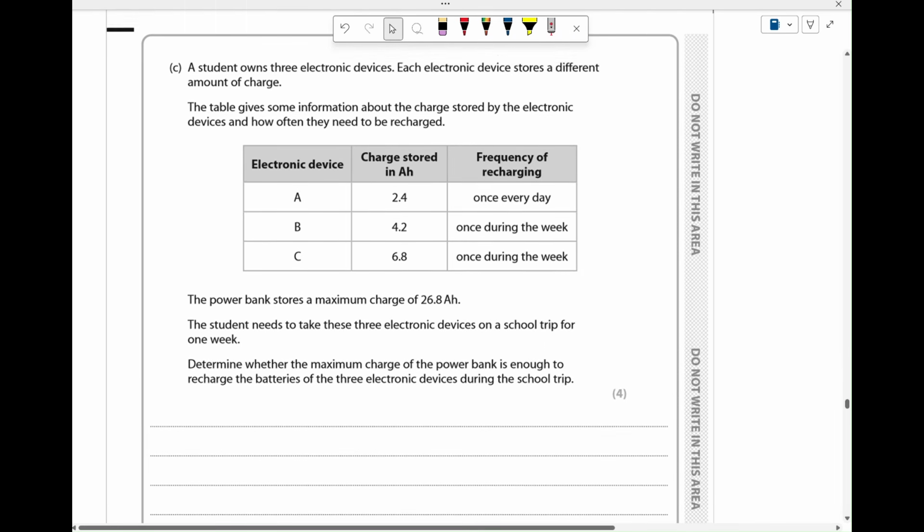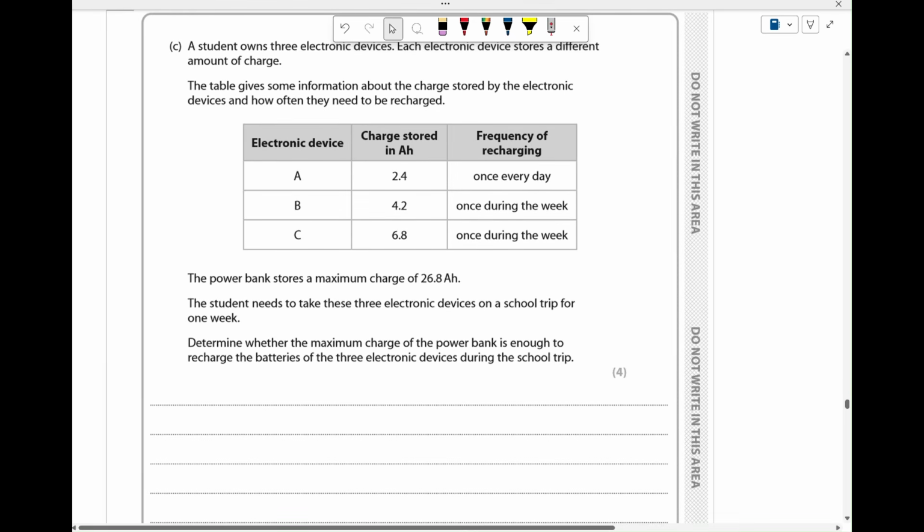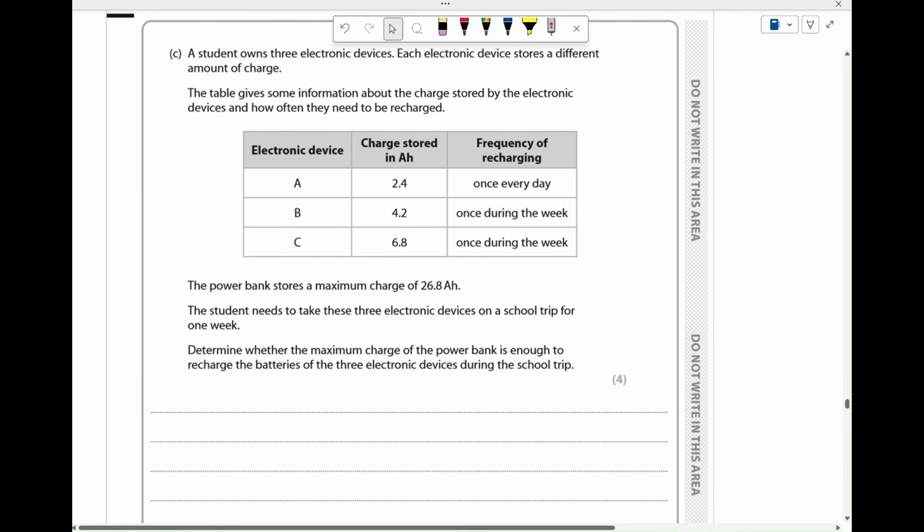Okay, own 3 devices, each with a different amount of charge can be stored. The power bank stores a maximum charge of that. You need to take them away. What is enough to recharge the batteries? Crikey. Okay, there's quite a lot to do here.